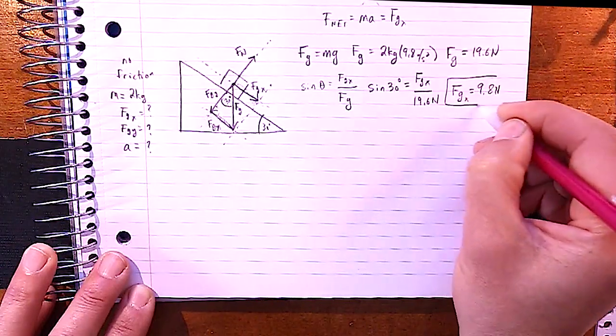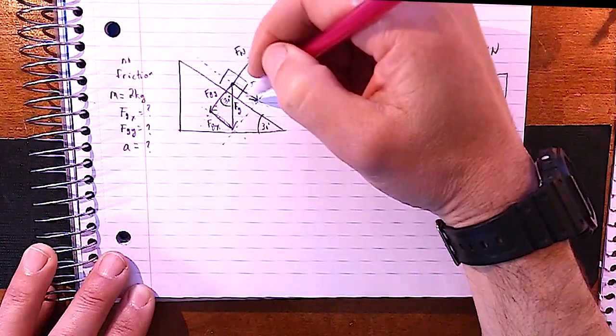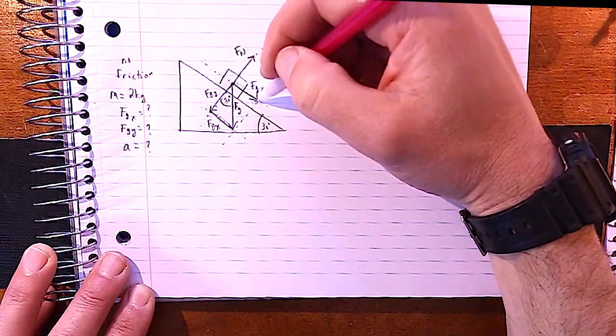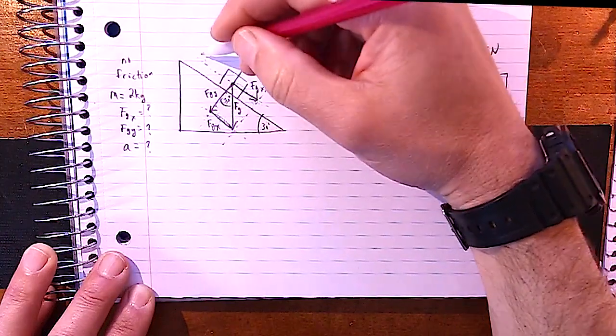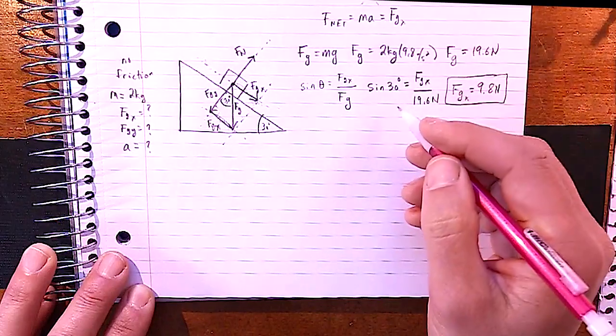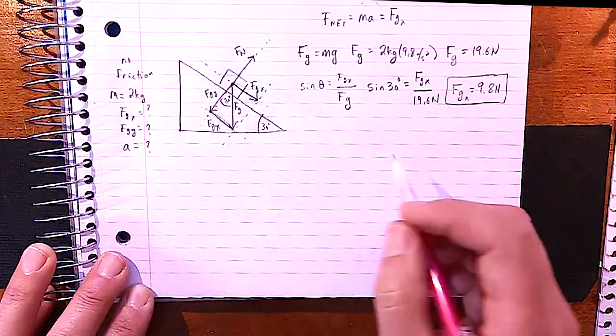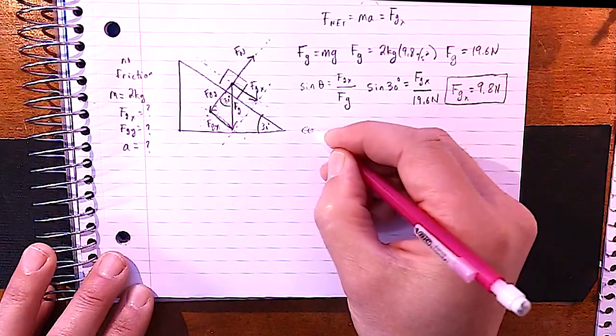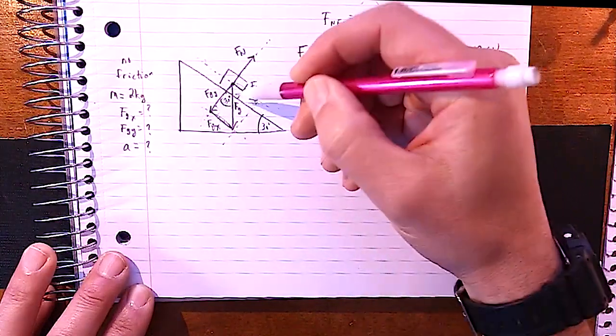So what we have found is the horizontal component, or the parallel component to the plane that's acting in the plane of acceleration. Let's go ahead and find the perpendicular component, or FGY. So that's going to be cos theta. Why is it cosine?